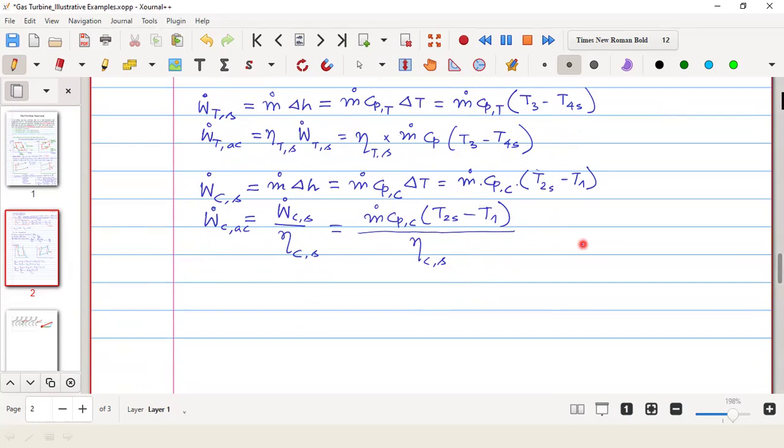Here only T1 and T3 and other thermophysical properties like gamma, Cp, etc. are known.